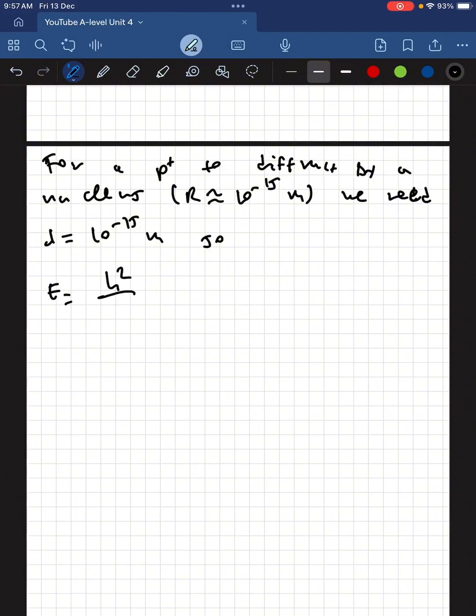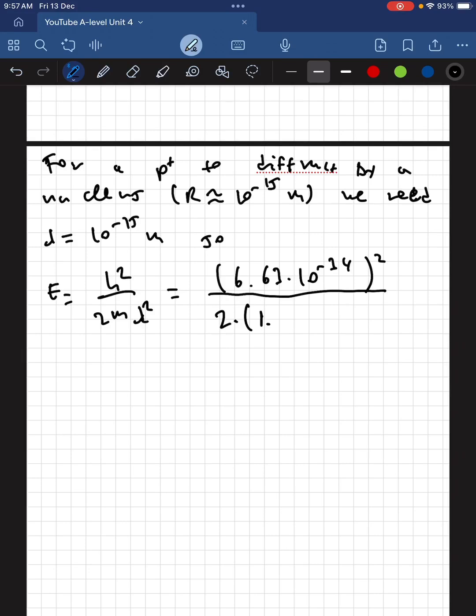So if we use E equal to h squared over 2 m lambda squared with the mass of the proton, we will find h is Planck's constant equal to 6.63 times 10 to the minus 34 squared over 2 times the mass of the proton in kilograms is 1.67 times 10 to the negative 27, and then lambda is 10 to the negative 15 squared. So if you do this calculation, you will find 1.32 times 10 to the negative 10 joules.